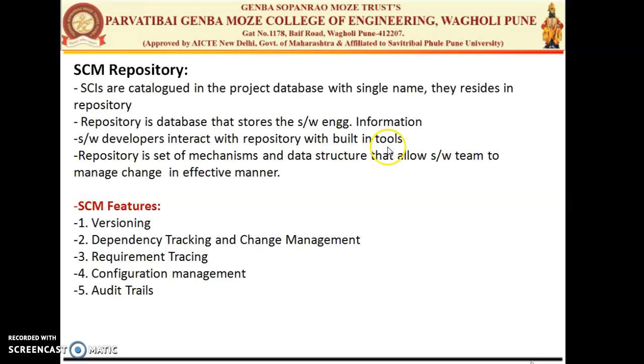The software developer interacts with the repository with a built-in tool. So there are proper built-in tools to interact with the repository, to fetch items from the repository or to put items into the repository. That is nothing but your insertion, deletion, update operations. So there are specific inbuilt tools which will be operated in the SCM repository.